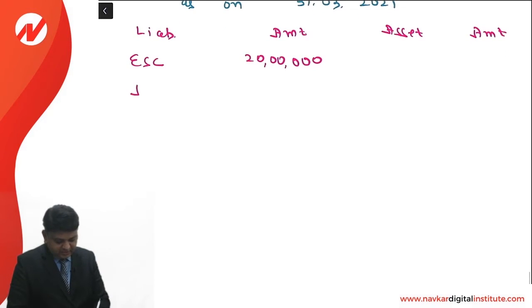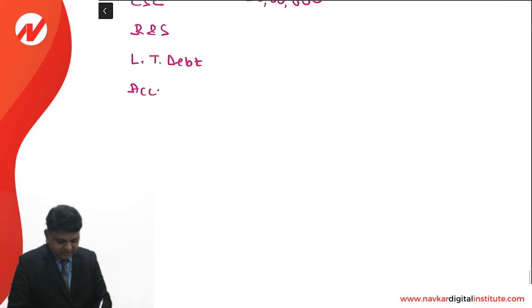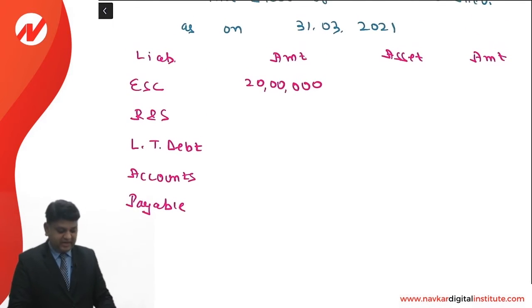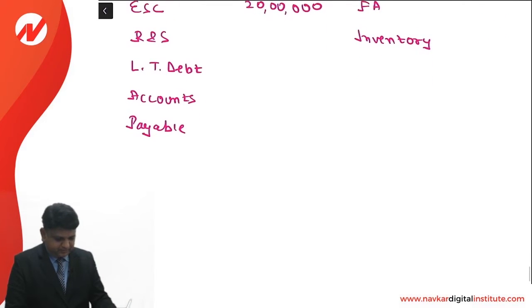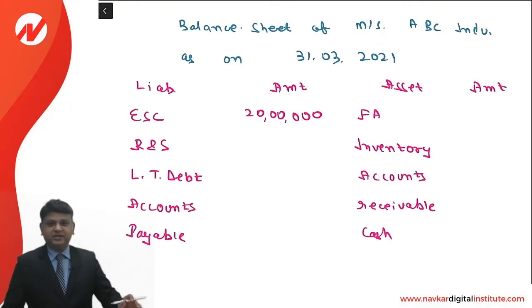Reserves and surplus we have calculated. Long term debt we have calculated. Accounts payable we have calculated. On the asset side we will have fixed asset, inventory that is stock, accounts receivable, and cash. This is the way we are required to prepare the balance sheet.